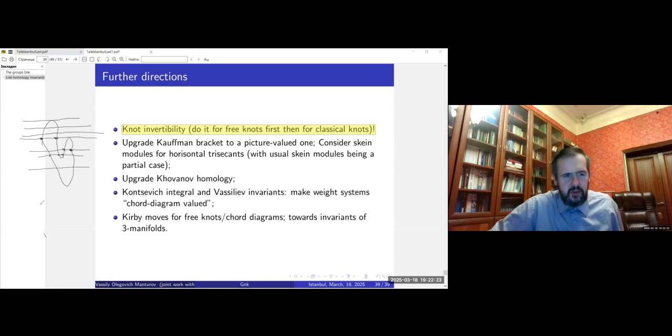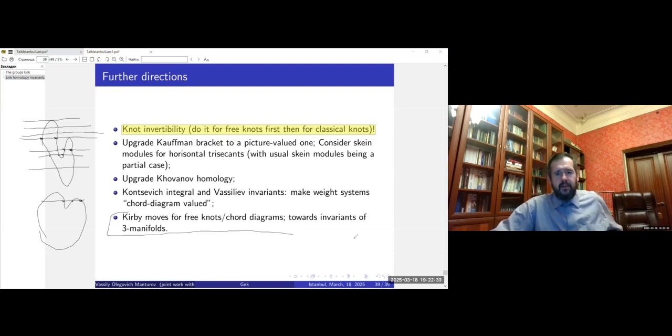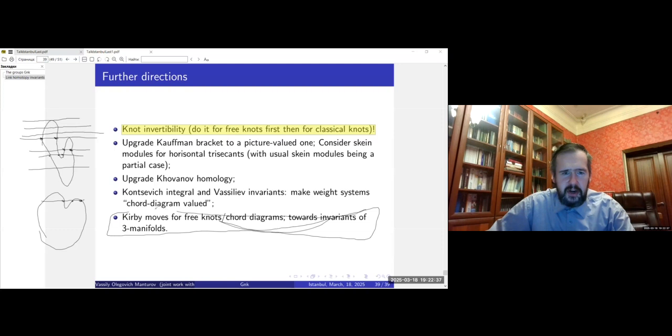Maybe we will be able to draw a triple chord diagram here, and maybe this will be related to our invariants. Such a dream, which is far away, is that if we do this theory for knots, we should be able to do it for three-manifolds. But this is again a dream.